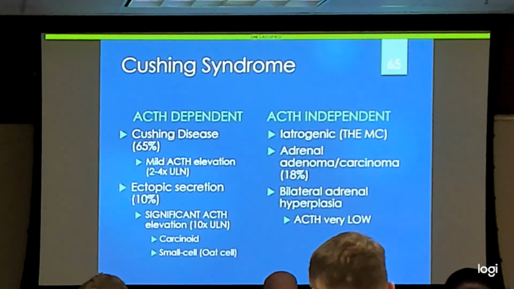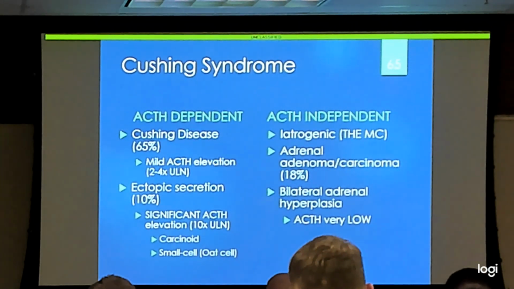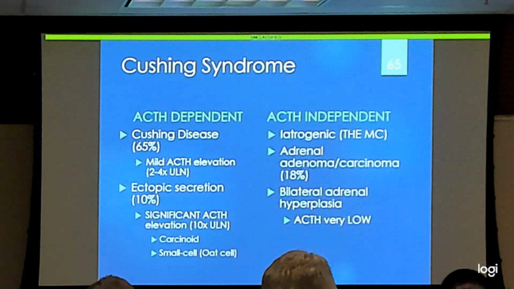Or flip side, it could be an ectopic secretion, significant ACTH greater than 10 times the upper limit of normal, just like we spoke about after the break. Or I confirm hypercortisolism, and I check my ACTH, and it's non-existent. Non-existent means independent.